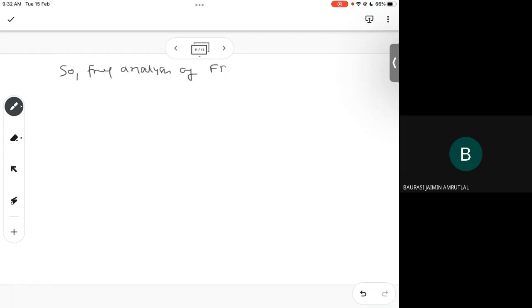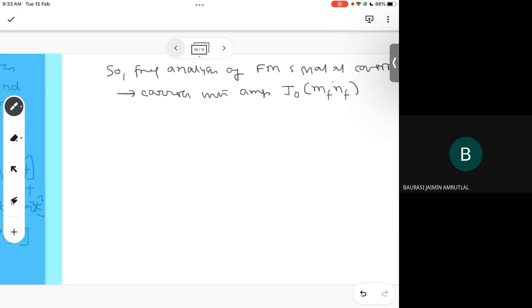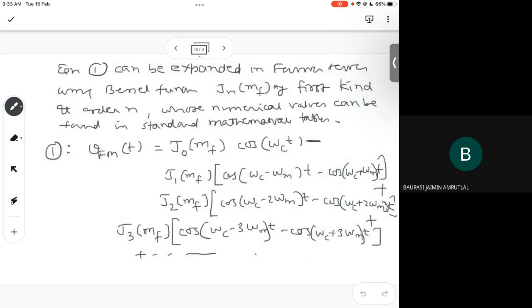So basically I would say the frequency analysis of an FM signal consists of a carrier with amplitude J0 MF. That is the first term which we got, J0 MF cos omega c t.